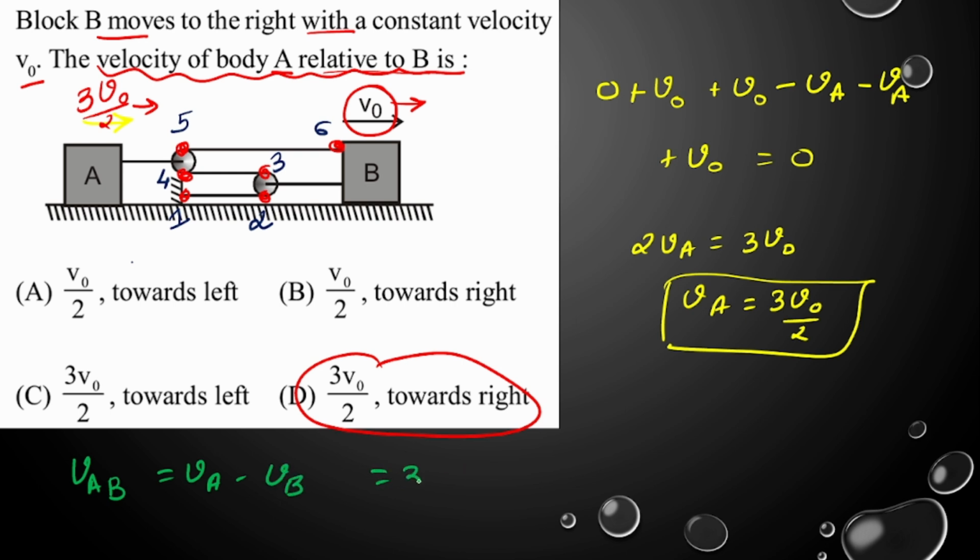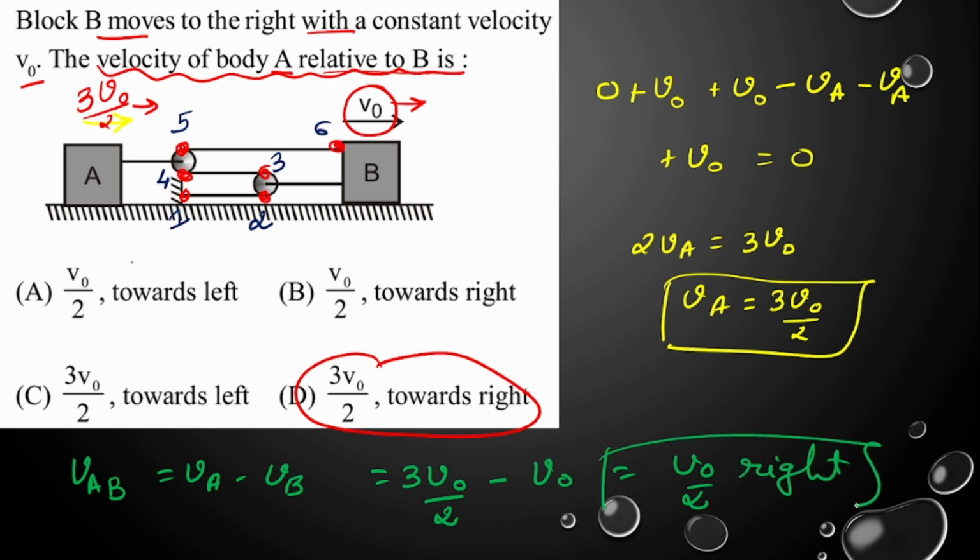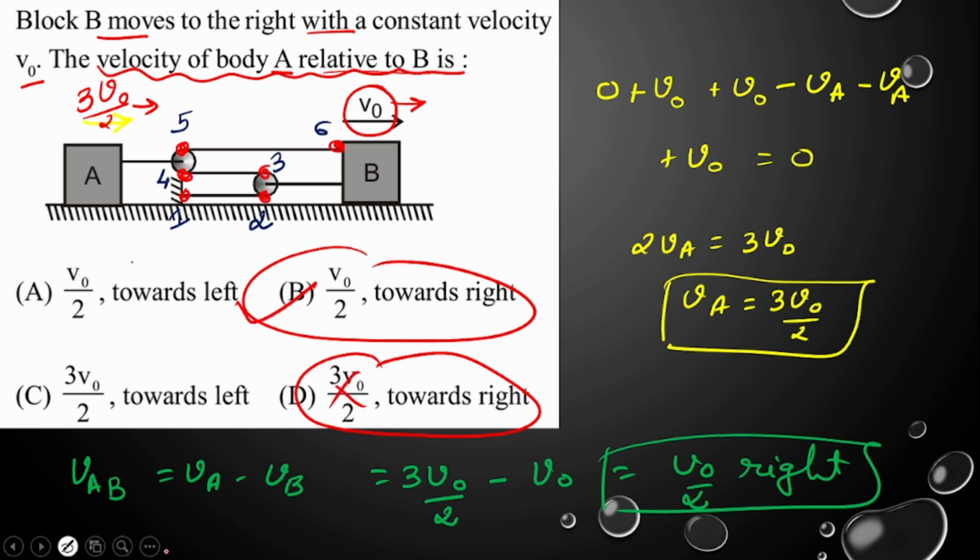So va is 3 v naught by 2 towards right, velocity of B is v naught, and our answer is v naught by 2. Answer is positive, means that is towards right. So correct answer is option D or B. Correct answer is B, not D. Okay.